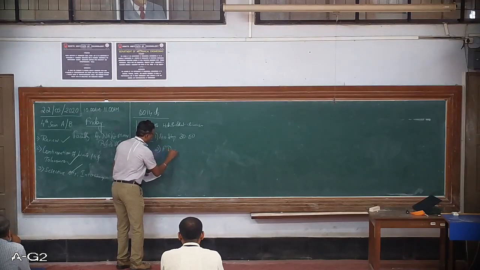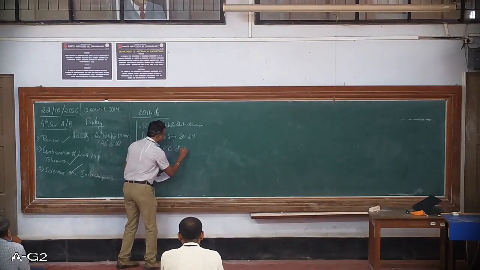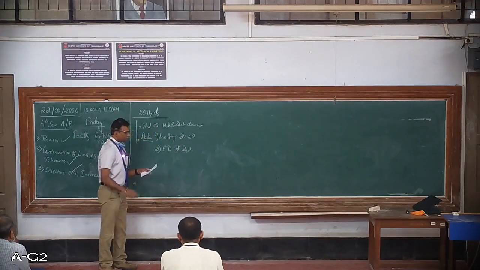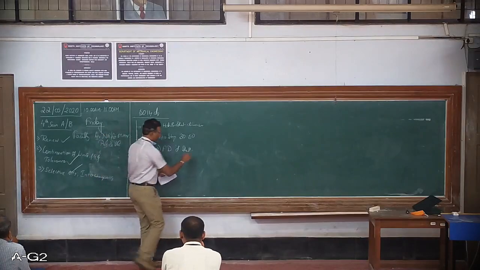The FD for the D shaft is minus 16 D to the power 0.44.